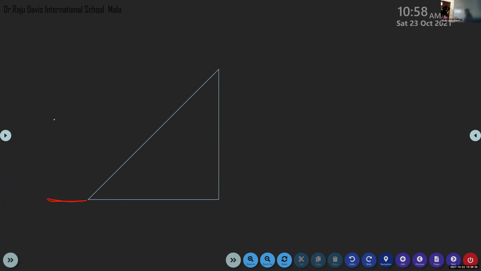I am going to extend this side, and so that I got an exterior angle here. Isn't it? Exterior angle, we will take it as X degree.